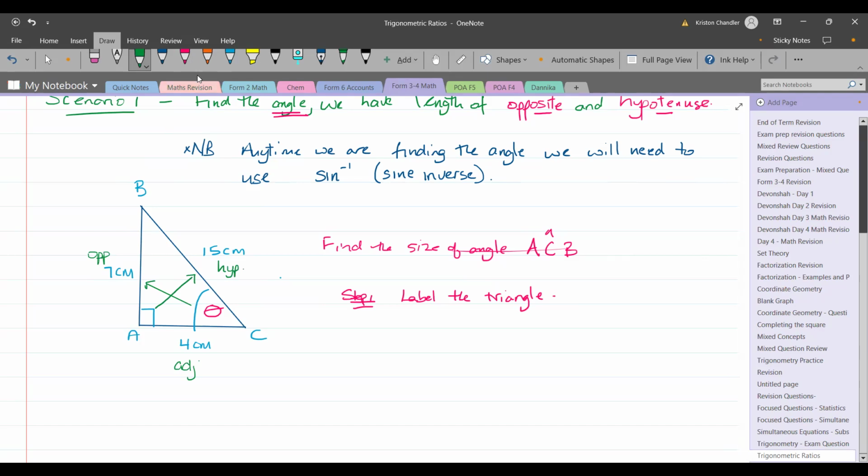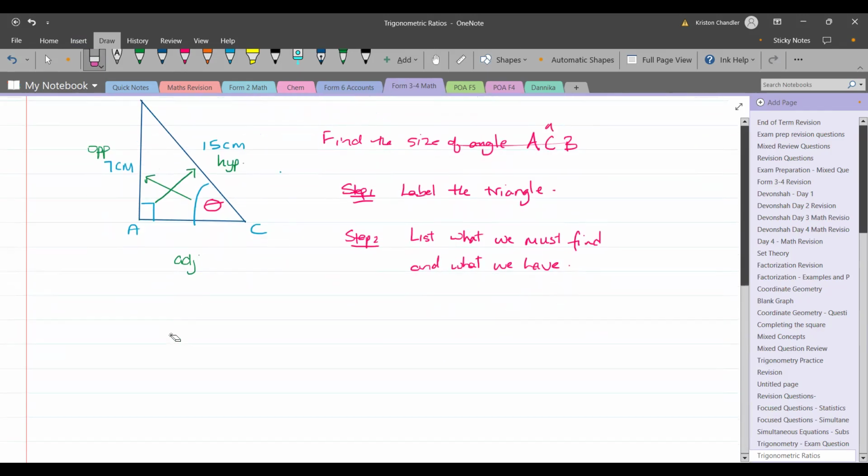The next step, although I tell you what we're going to find already, is to list what we must find and what we have. For the sake of this part, I'm going to remove this 4 centimeters from here, right? Because we're using specifically sine.